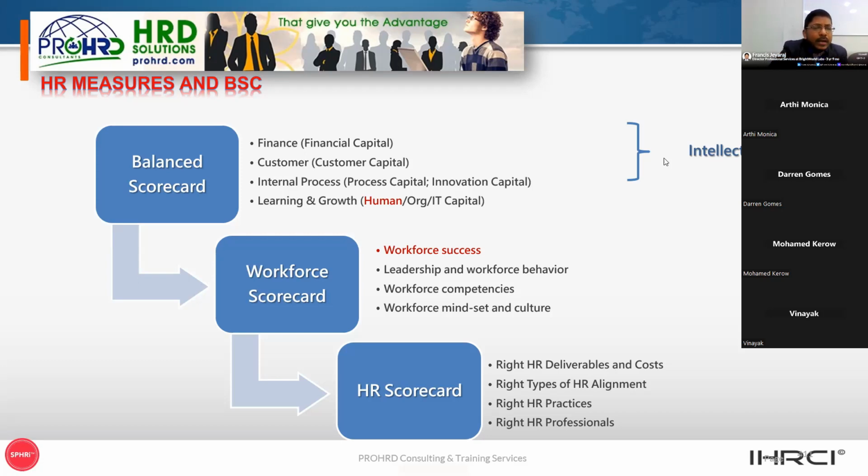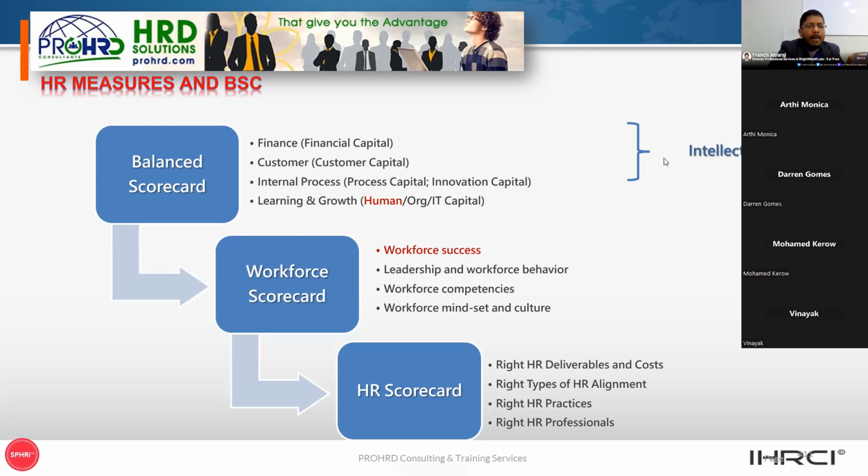If you look at this figure, you can see how the linkage is done. In the balanced scorecard, you have the corporate level: financial capital, customer capital, internal process capital, innovation capital, learning and growth, human, organization, IT capital, intellectual capital, all of which are targeted. We need to achieve intellectual capital. How can we do this? By linking with the workforce scorecard.